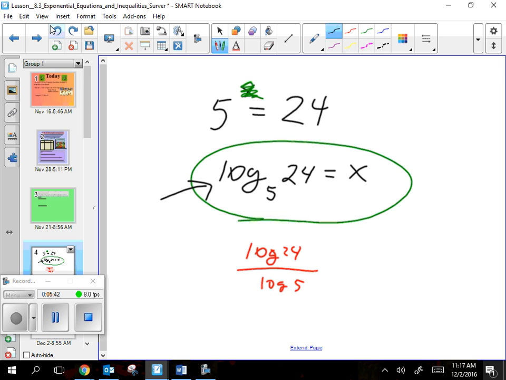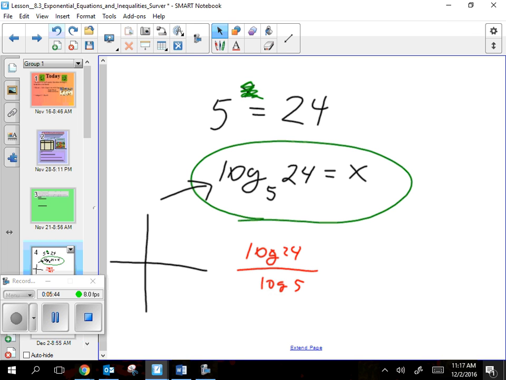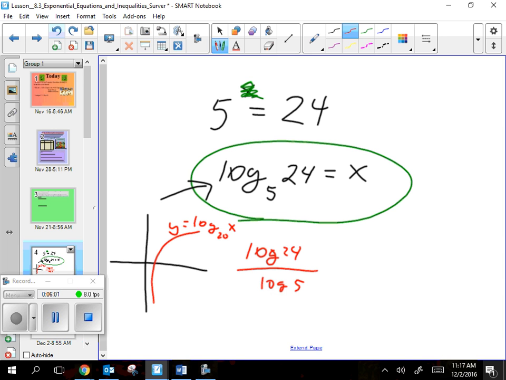Okay. A little bit ago, I asked you to sketch what a log looked like. Have you got that done yet? All right. Here's what a log looks like, generally. Now, how tight that turn is depends on how big the base is. So if I was graphing y equals log base 20 of x, it'd be a much sharper turn than that.